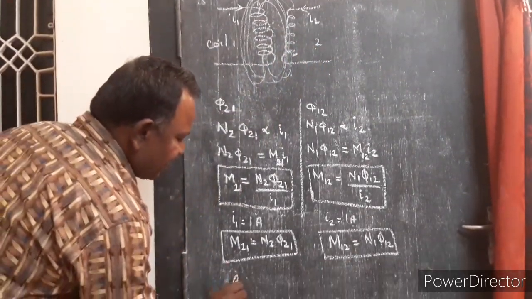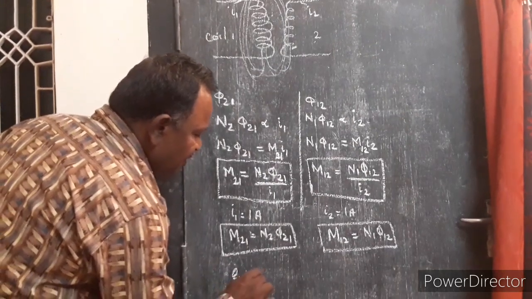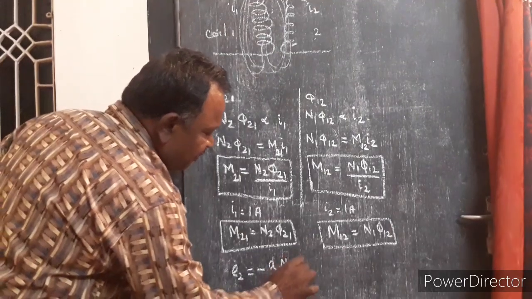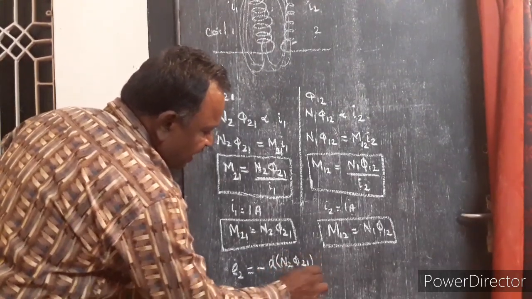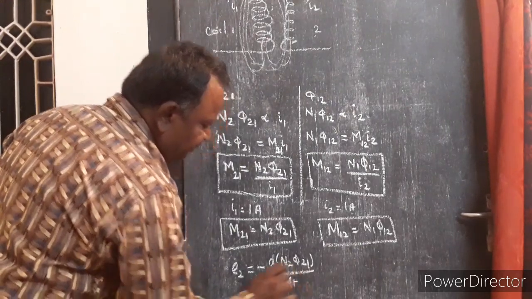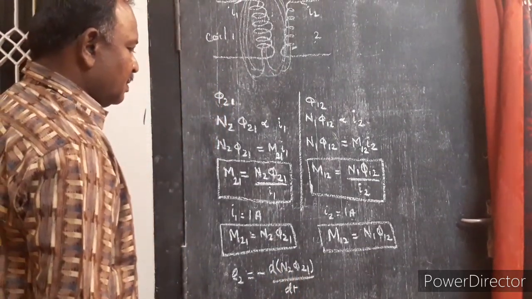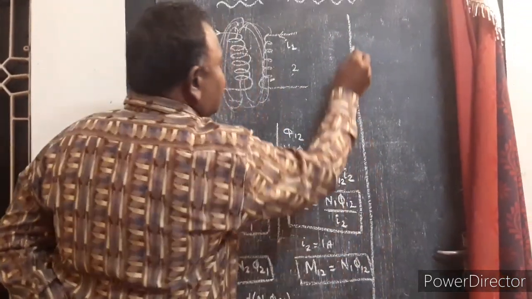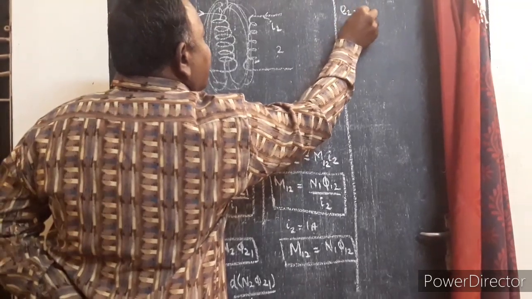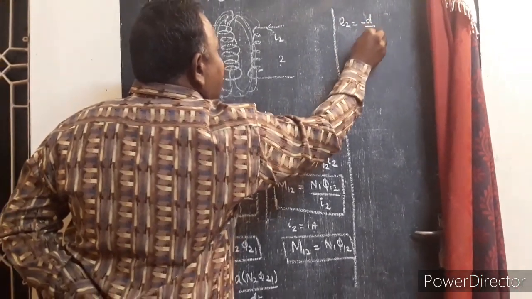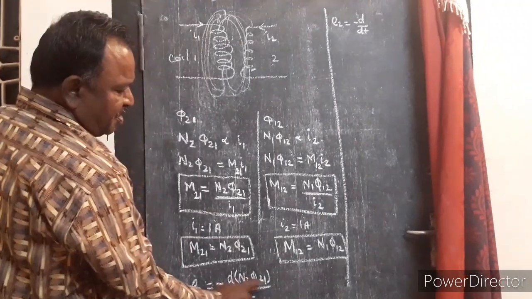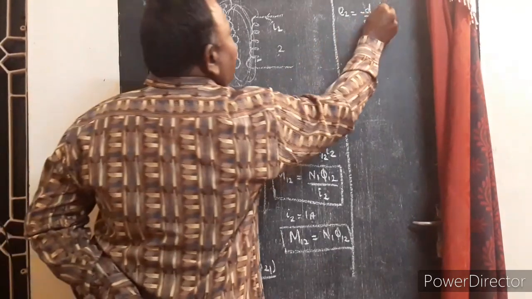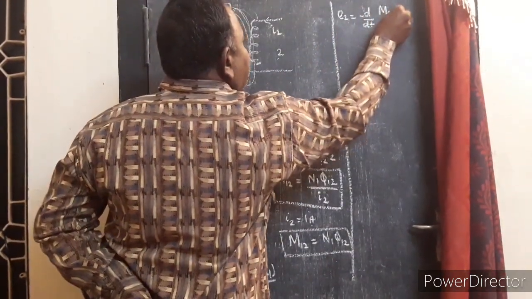The induced EMF in the second coil is given by E2 is equal to minus d(N2 Φ21) by dt, where N2 Φ21 is equal to M21 into I1.